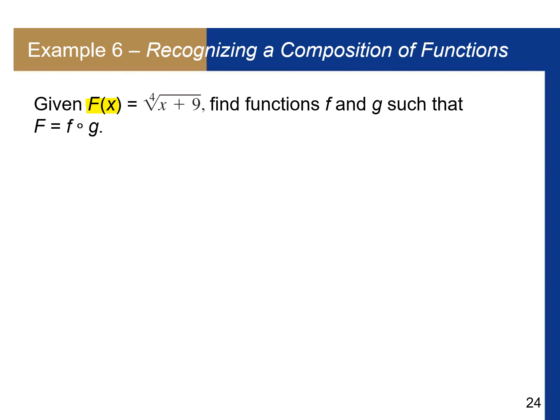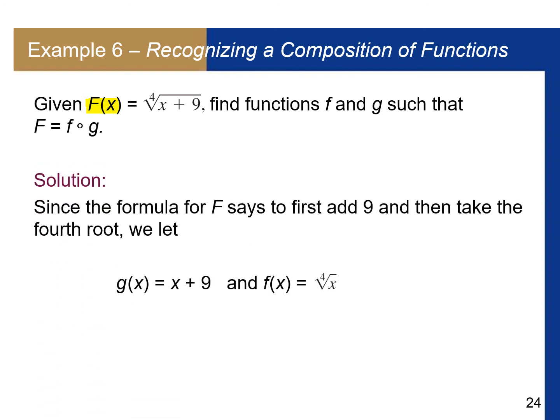So if I were to write 2 composite functions for this, I could say that my g of x was take my value and add 9 to it, and then take the 4th root of that. So if I composite f of g, I will get the 4th root of x plus 9. This is a little bit of inverse thinking, but after a little practice, you'll get good at it.